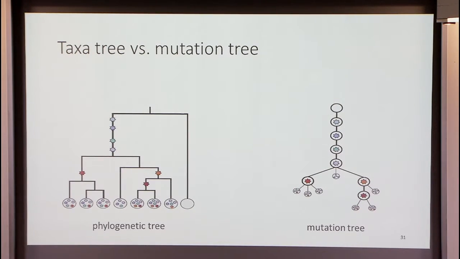So for example, these 3 samples here are attached to this mutation. This sample has been attached to this mutation, and so on. And it's not very hard to see that, of course, under the infinite sites assumption that we continue to make here, these 2 representations are equivalent. It's just a different way of representing the situation. However, this one here turns out to be a little more convenient when it comes to noisy observations.